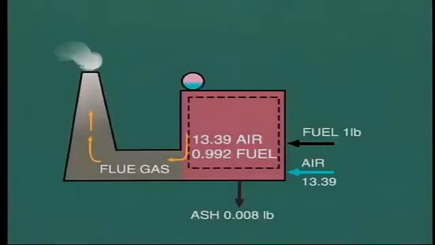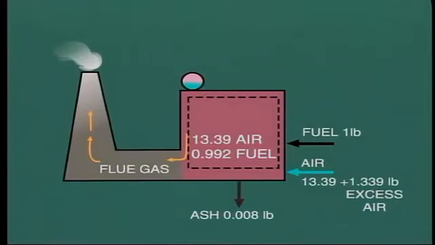Let's suppose in the case examined that we actually supplied 10% excess air. That is 13.39 times 0.1 equals 1.339 pounds more air than the theoretical calculation shows to be required for combustion. This excess air will contribute 0.308 pounds of oxygen and 1.031 pounds of nitrogen to the flue gas.